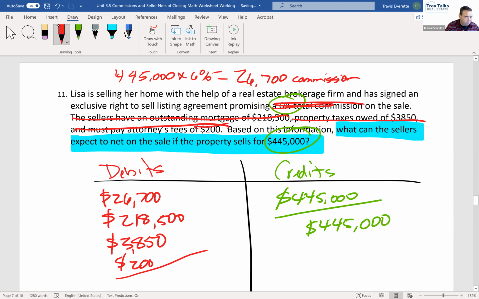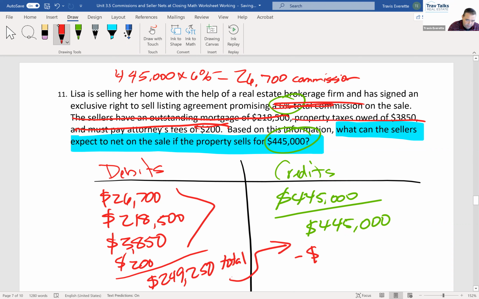So when we total up our debits, I got 26,700 plus 218,500. So again, what I'm doing is just adding these numbers together, plus 3,850 plus 200. That is 249,250 for total debits, which again, we're just going to bring over here and subtract from our total credits.